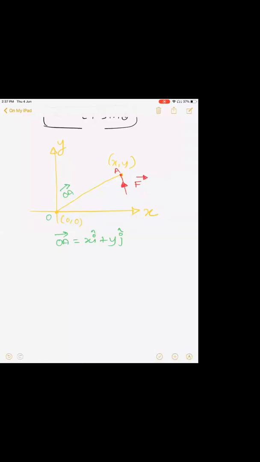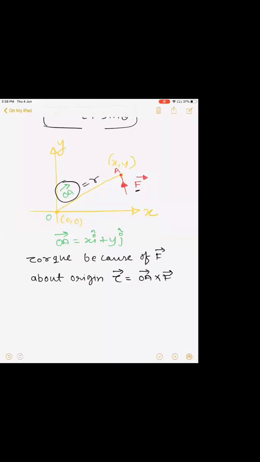Now, in vector form, we can write torque because of F about origin. In vector form, we'll say OA cross F, because here OA is performing the role of the r vector.